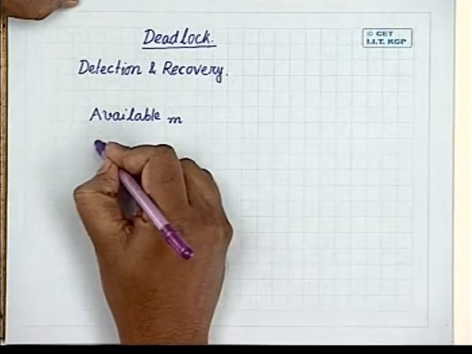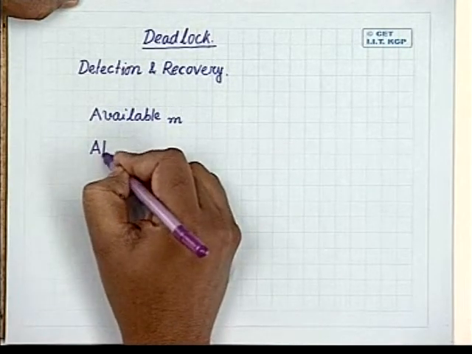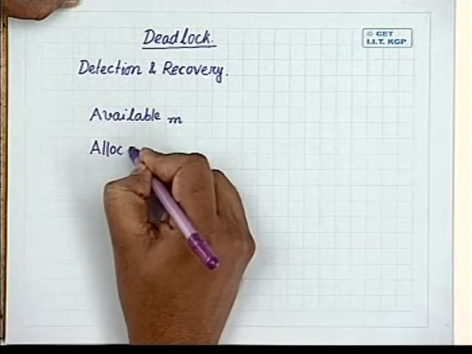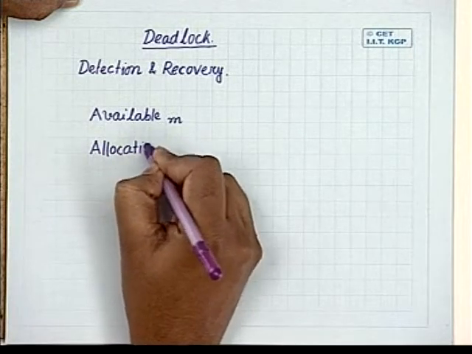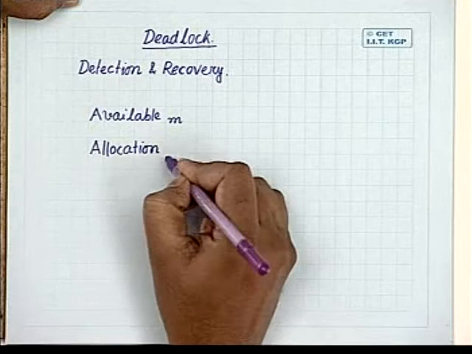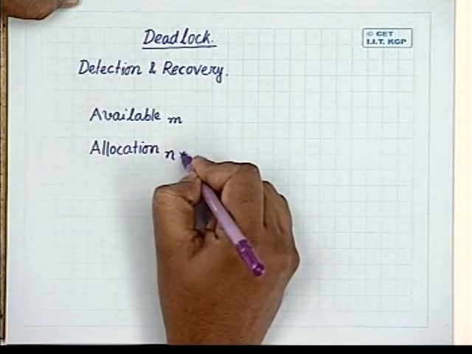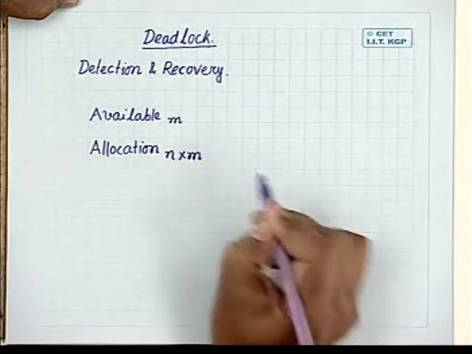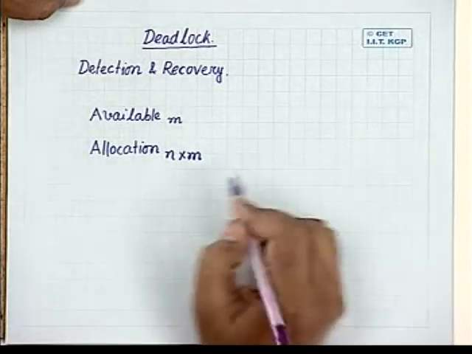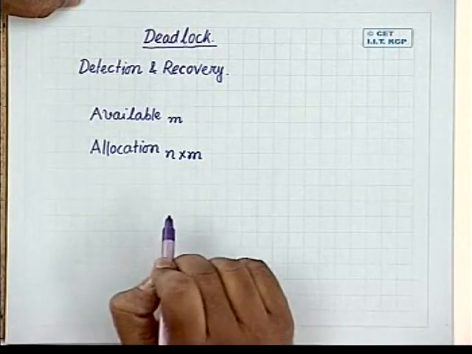The second data structure will be Allocation, which is a matrix of dimension n by m, when there are n processes in the system and m resource types.